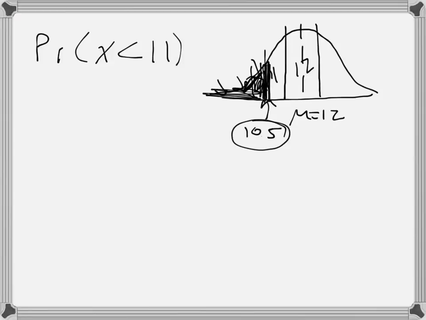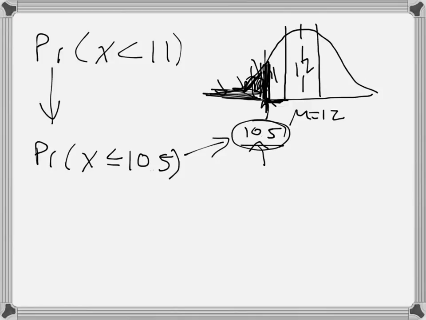Instead of using 11 itself, we're going to use the continuity correction factor and say 11 is a wide bar, and 11 actually starts at 10.5. So I want the probability from our normal distribution that we are less than or equal to this. To do that, I look up the z of 10.5.